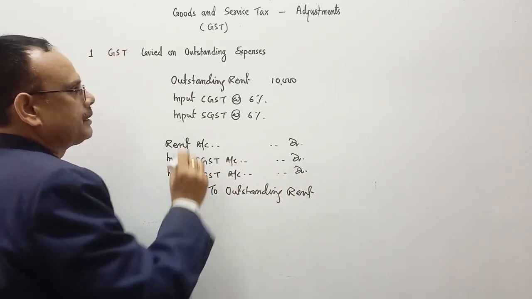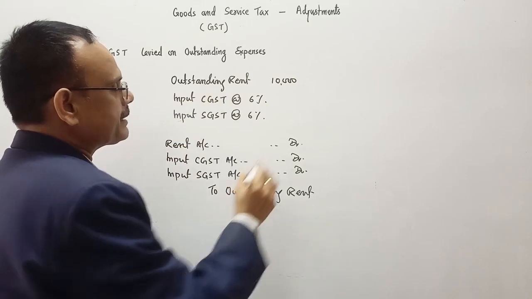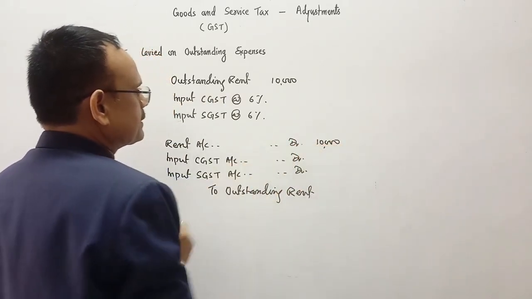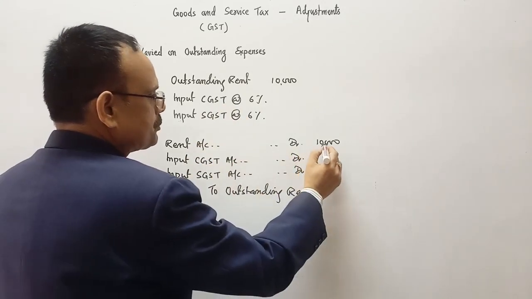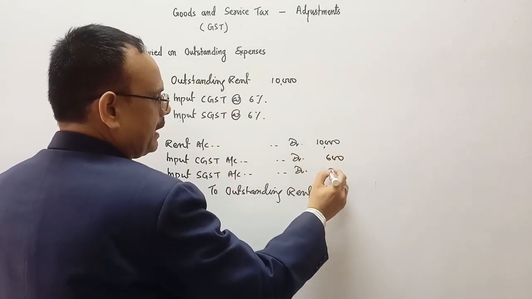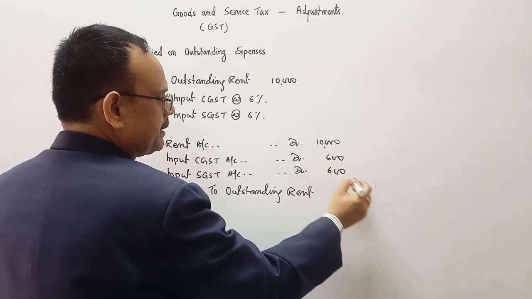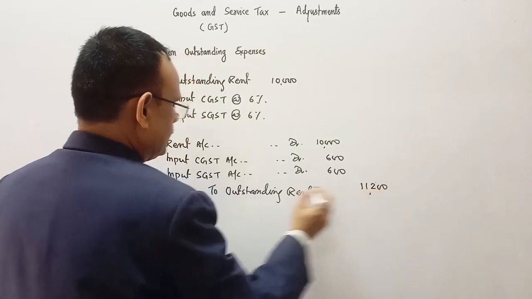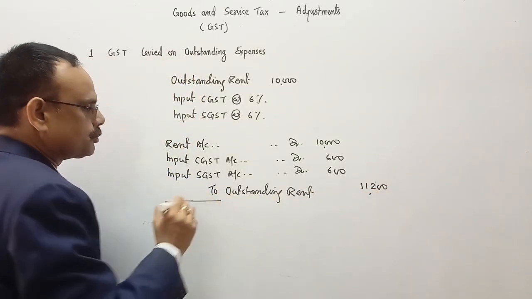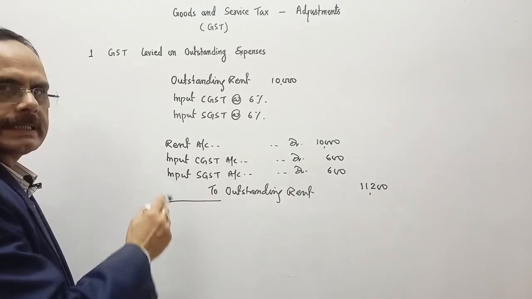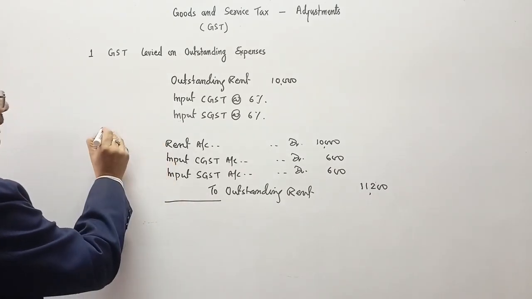So outstanding rent is 10,000, and CGST is 6%. So 6% of 10,000 is 600 and this is also 600. So here it is 11,200. Is it clear? This is the adjustment entry.